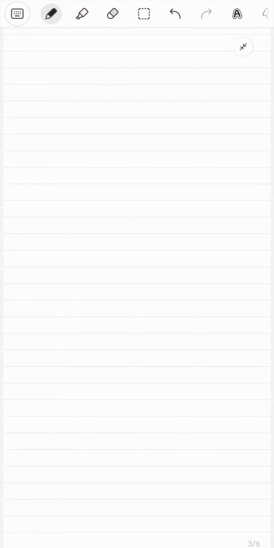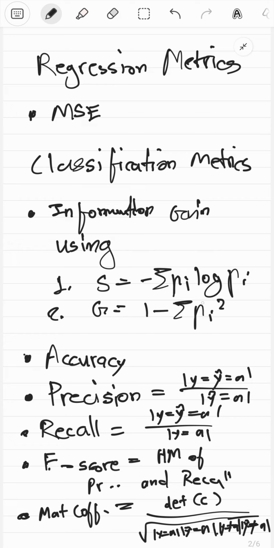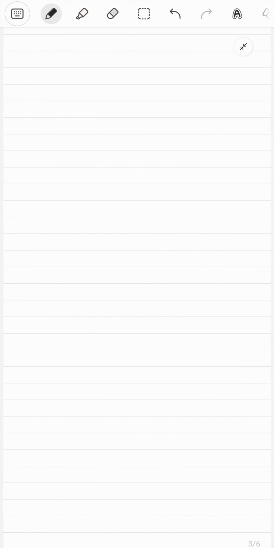Also, I forgot to mention that the negative log of p_i is the self information. I think I did mention that, whatever. So we are going to the decision tree algorithm called ID3.